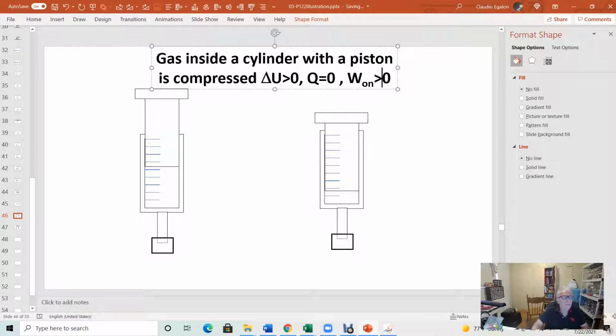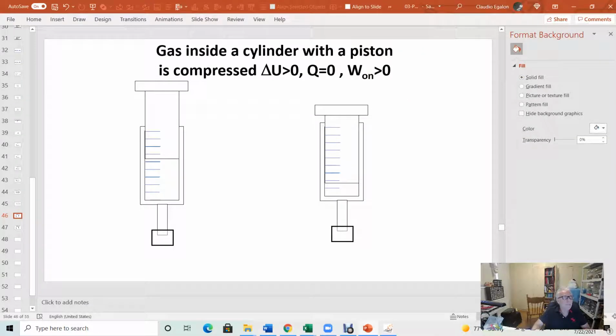Here you go. Like that. That's what you have to know about work done on a system. It's very simple. Doesn't get more complicated than that.